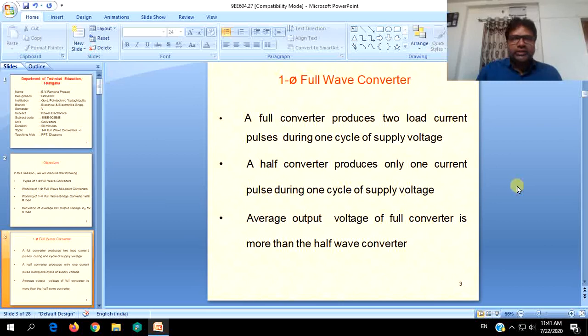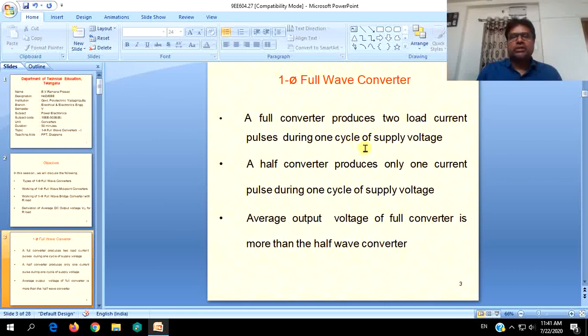So to make this possible, you need at least two switching devices, and to operate them you need at least two triggering pulses, one for each half cycle. That is what is discussed over here. A full converter, that is full wave converter, produces two load current pulses during one cycle of supply voltage.